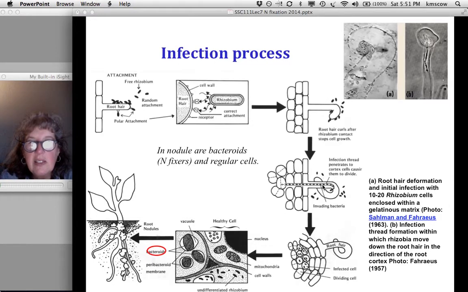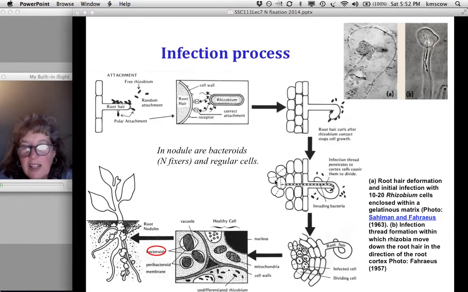And along this infection thread here, the cells start to divide and essentially make this thread of continuous cells that starts to then penetrate the cortex cell of the plant.